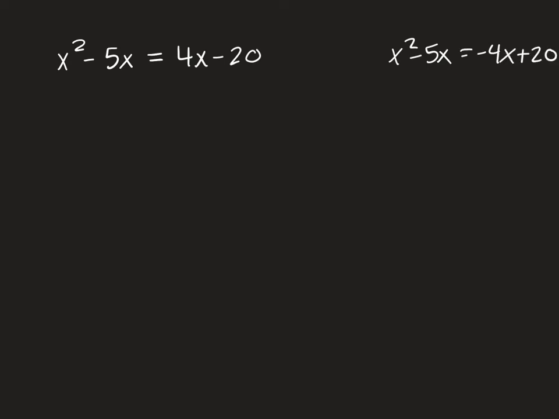So, number 7, we have x squared minus 5x. I'm just going to go ahead and write my two equations. And then we have, so we want to bring everything to the left side.